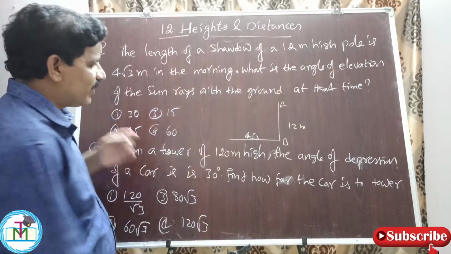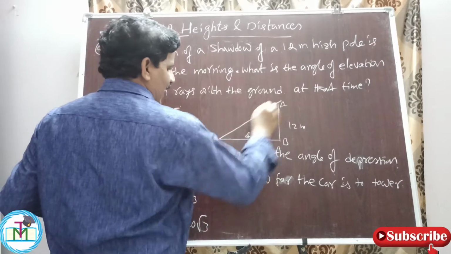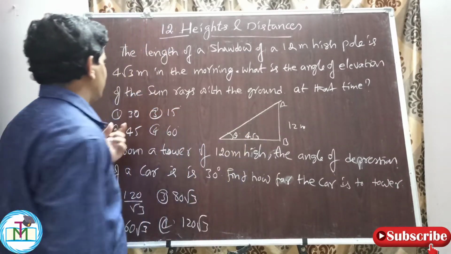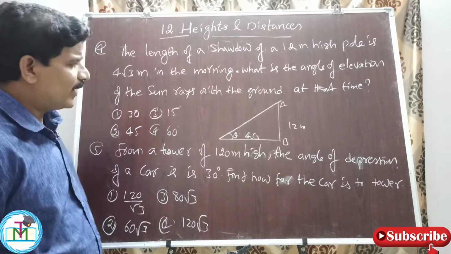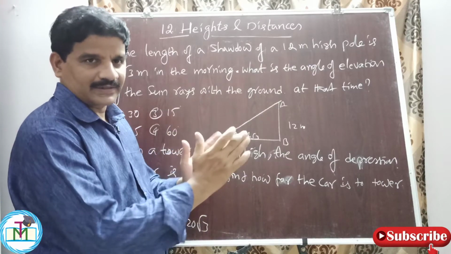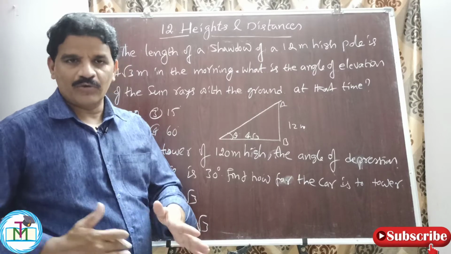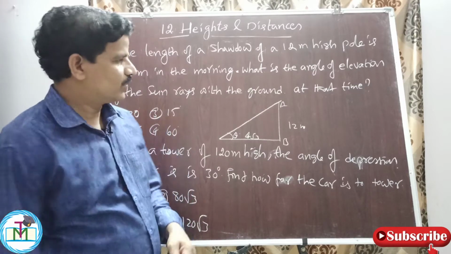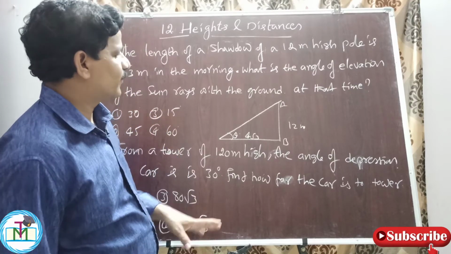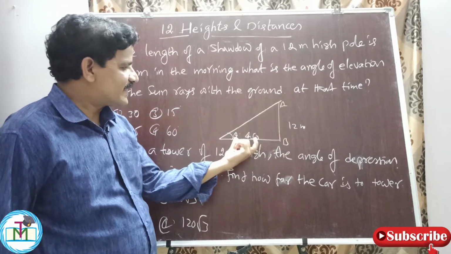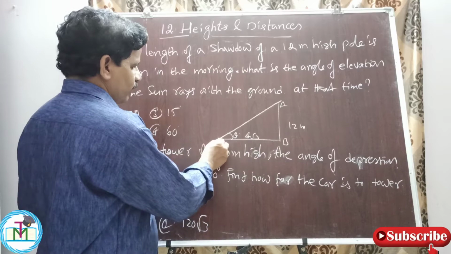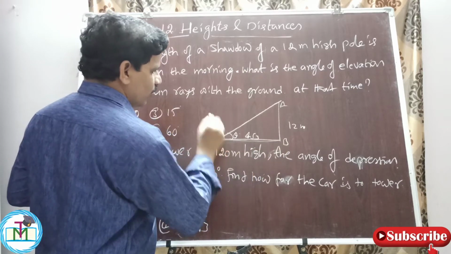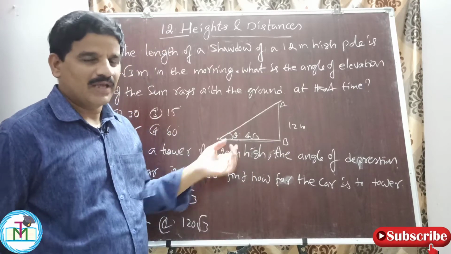What is the angle of elevation theta of the sun rays with the ground at that time? Whenever we look at the sun, our shadow falls backside on the ground. Here the height is given, and the length of the shadow is given. We have to find the angle of elevation.